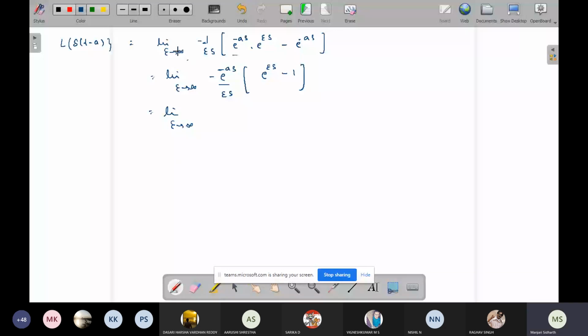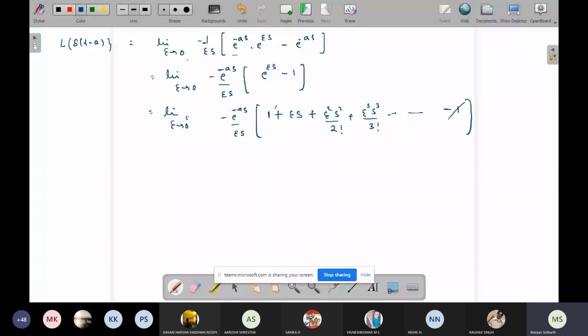It should be 0. Using the exponential formula, 1 plus x plus x square by factorial 2 plus x cube by factorial 3, with x as epsilon s, that minus 1.